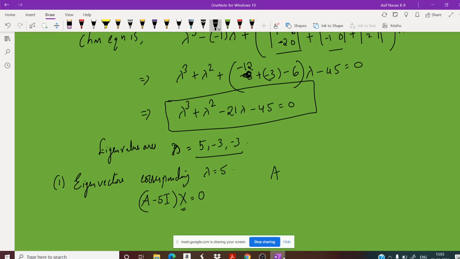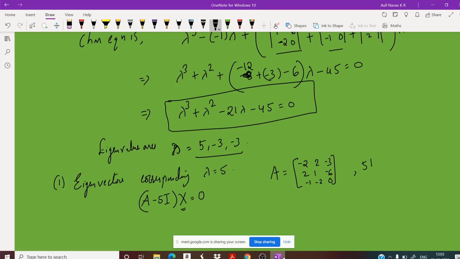So what is A? Tell me what the A matrix is. Our A matrix is minus 2, 2, minus 3, 2, 1, minus 6, minus 1, minus 2, 0.